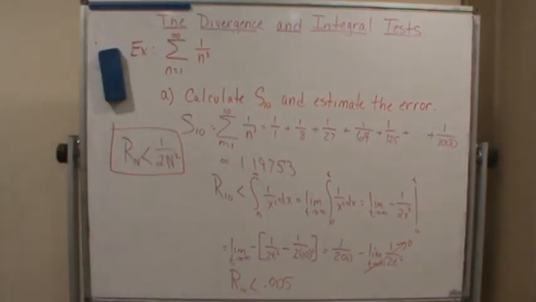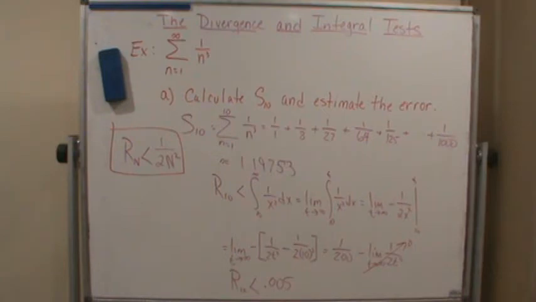Now in the next part, part B, it asks, we want to find N such that we can estimate the series to within 0.001. So again, we want to find the least value of capital N necessary such that the partial sum will estimate the series of 1 over n cubed to within 0.001.